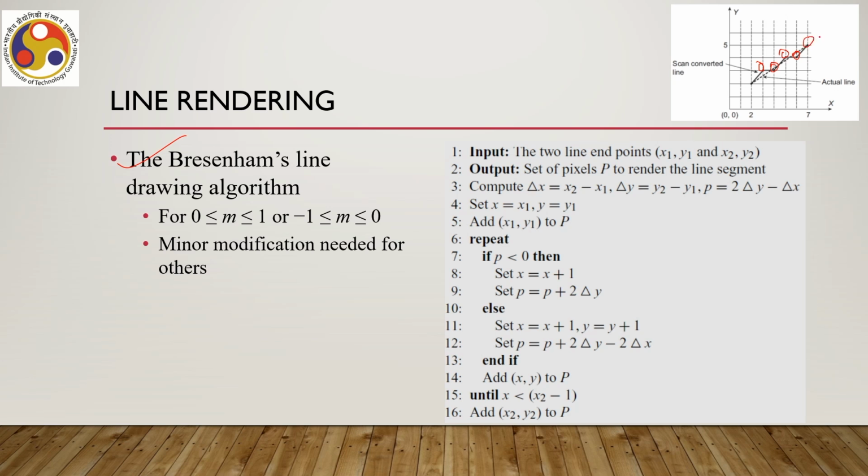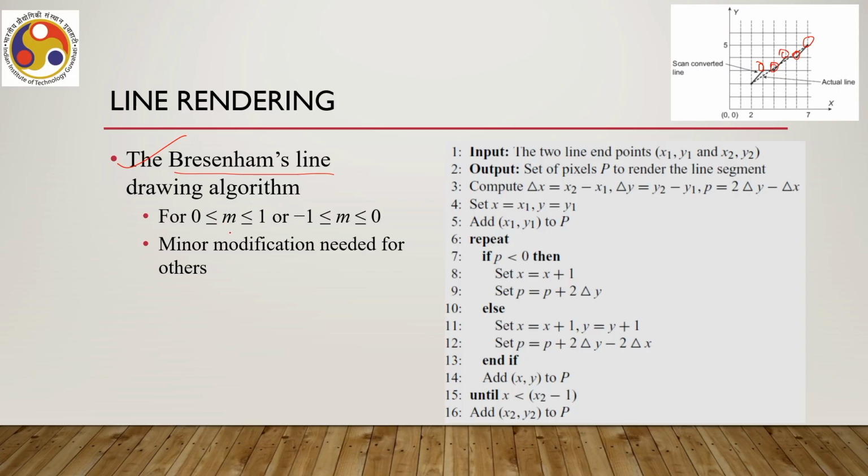We have the dotted line as the actual line, and we need to identify pixels that will represent the line. How do we find that without taking recourse to floating point operations? I am just referring to this algorithm to give you some idea of what kind of computations take place in this fifth stage.